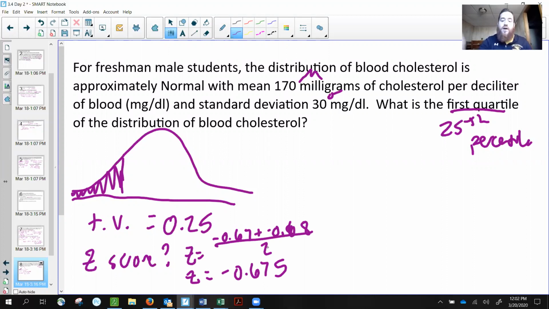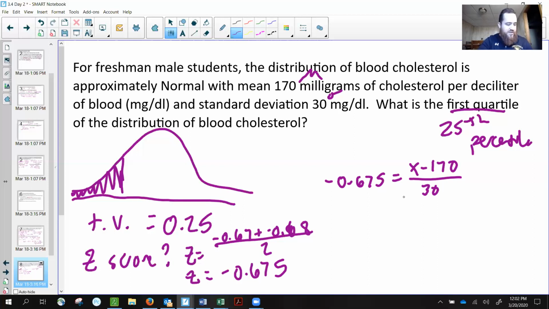So we want to figure out what value has a z-score of that. We've done that before. We did that last chapter, working backwards from here. So before we didn't know the standard deviation, we knew the values. This actually is going to be a little easier.